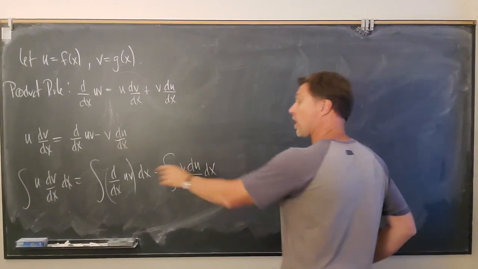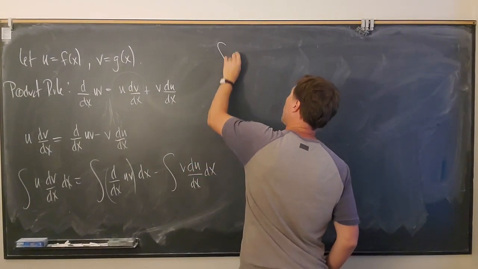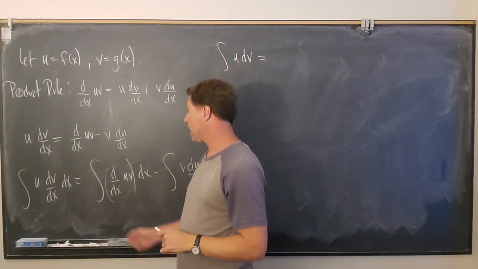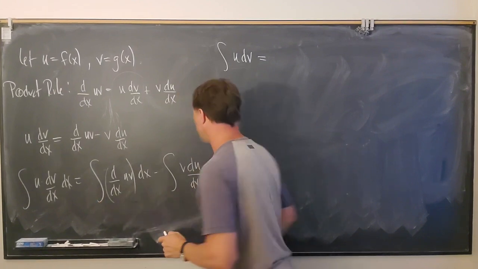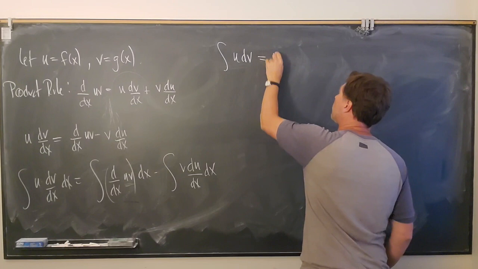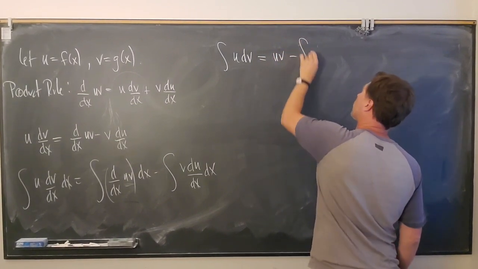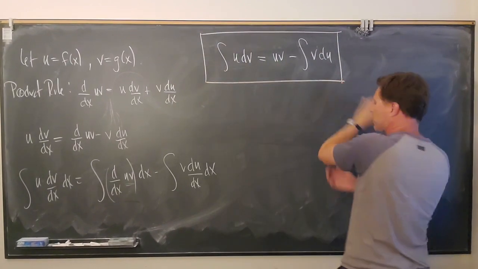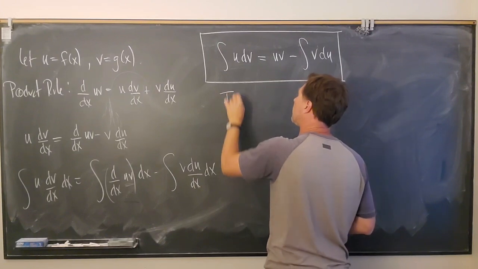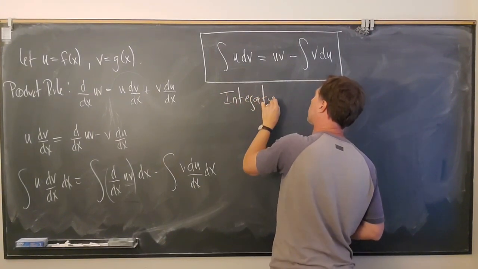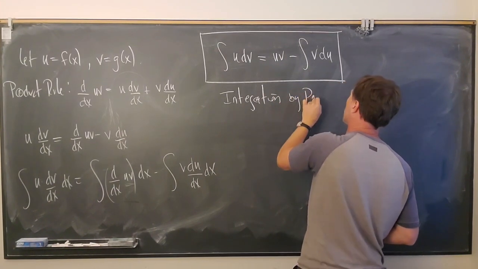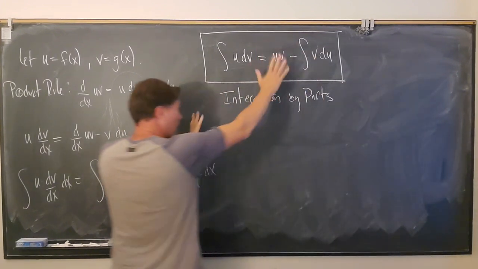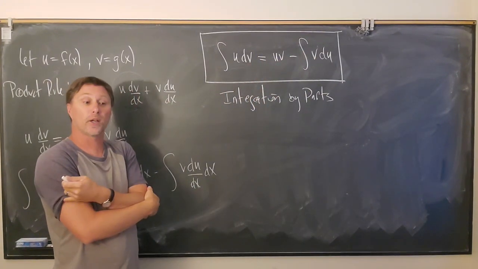And when we put this together on the left-hand side, what we'll have is the integral of u dv equals, the fundamental theorem of calculus says that when you integrate a derivative, what you get is the function inside, so that'll be uv, and then minus the integral of v du. That formula right there is called integration by parts. That's the technique we're going to be working with today.